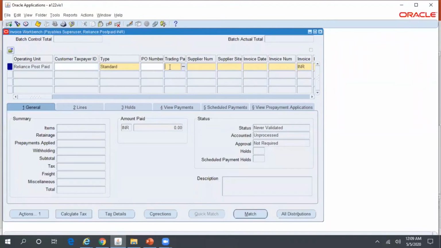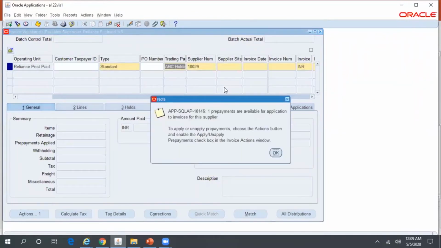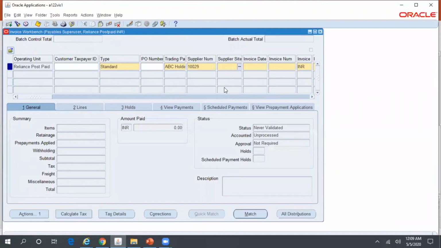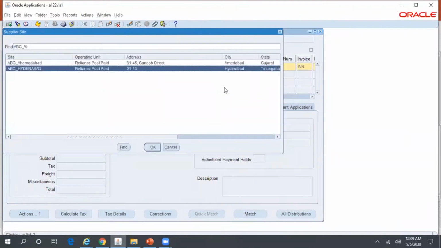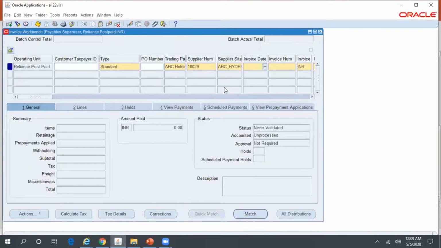Take an example, there's a vendor ABC Holdings, and I'll pick up the site. Against this vendor, there is some invoice which is already paid, say the invoice amount is 1,000 rupees, and we have already paid it.